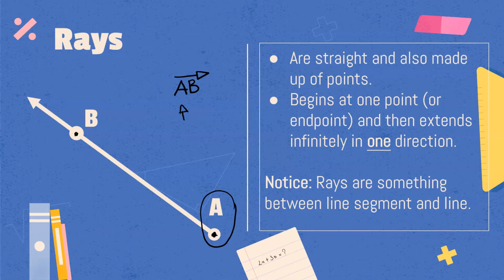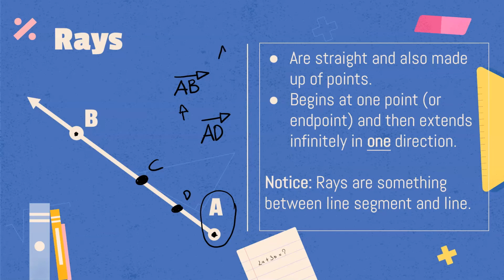So let's say we add another point. Let's say we add point C and just another point. Let's say we name this point D. So we always have to start with A, but we can name any other point after that. So we can say AD, and then we put the symbol above it, which is just a line and one arrow.